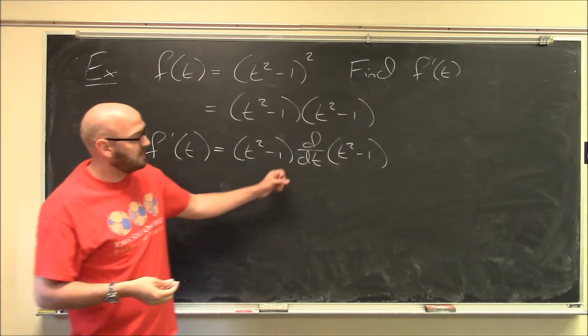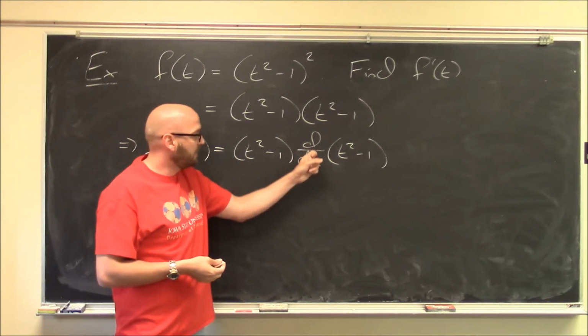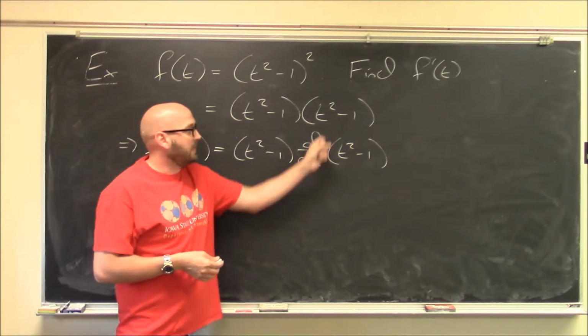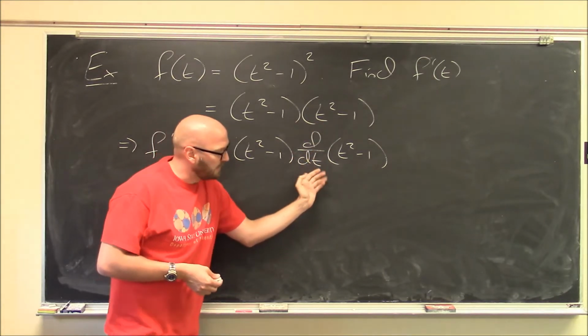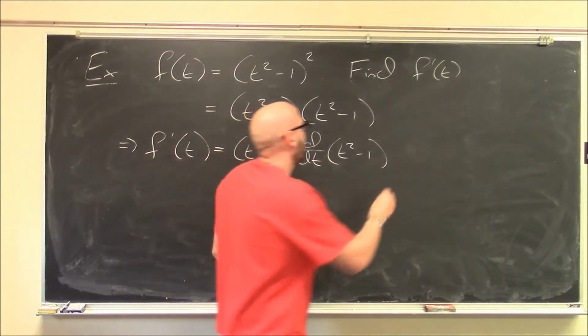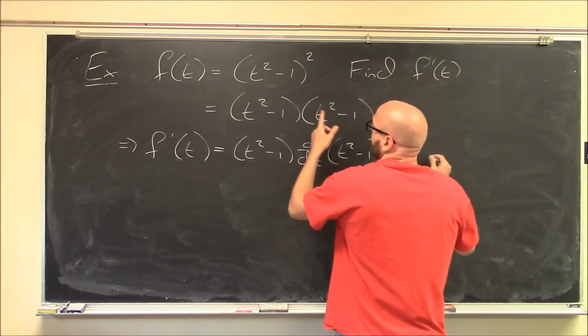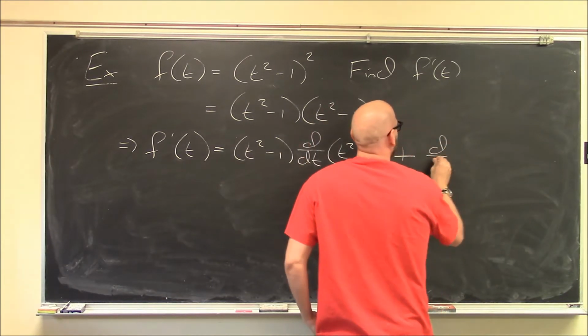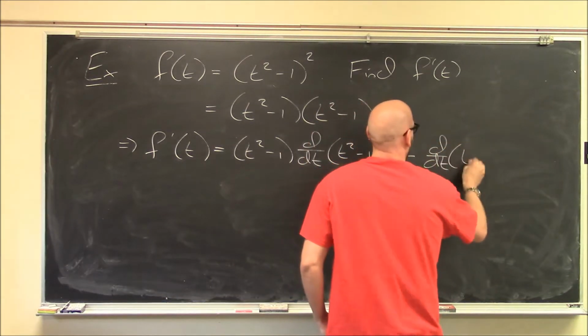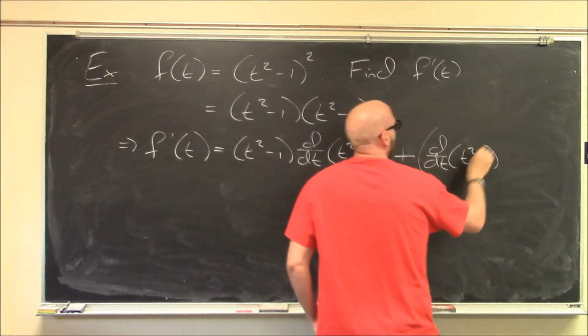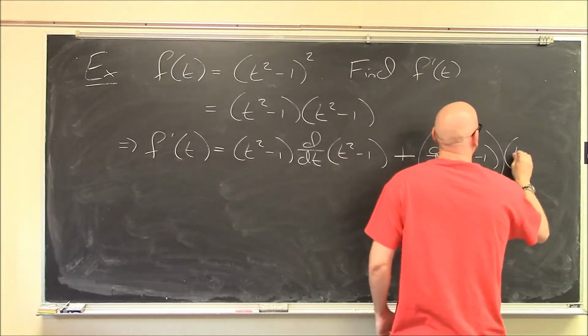Notice, by the way, notationally I'm using the Leibniz notation for derivatives. I didn't write d over dx here. My variable is t, so it's actually the derivative with respect to t. It's d over dt. Plus the derivative of the first function times the second function.